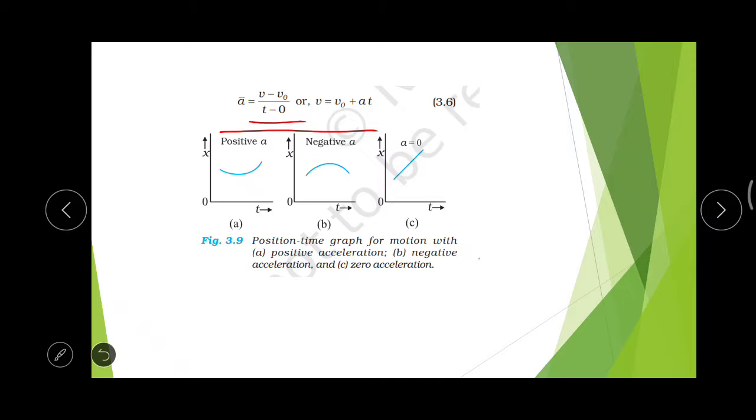If you rearrange this equation and keep v on one side, you will get v is equal to v0 plus at, where v is the final velocity, v0 is the initial velocity, a is the acceleration of the motion, and t is the time required.